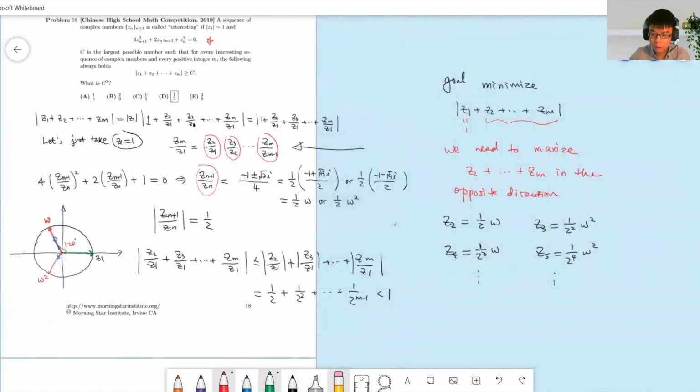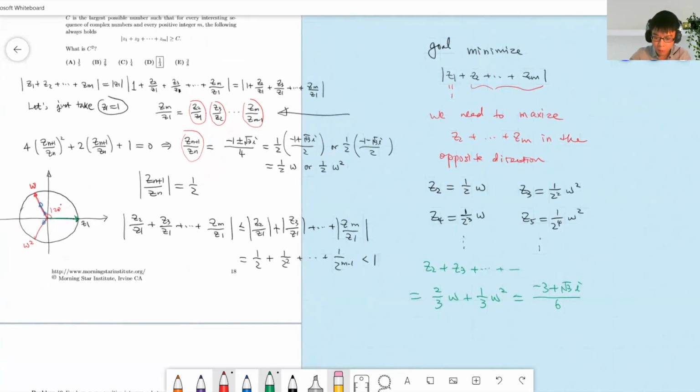And let's compute, okay. In this way, we can use the geometric sequence formula, and you will see Z2 plus Z3 and so on. We can just take infinitely many terms. In this way, the summation equals 2 over 3 omega plus 1 over 3 omega square, and then this equals minus 3 plus root 3i over 6.